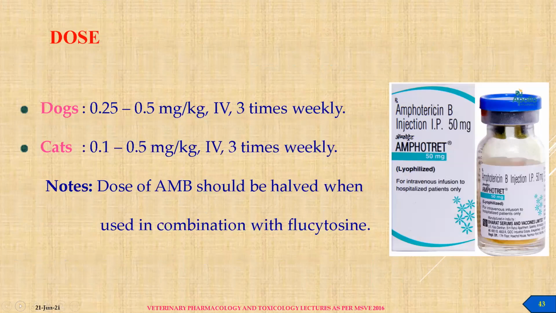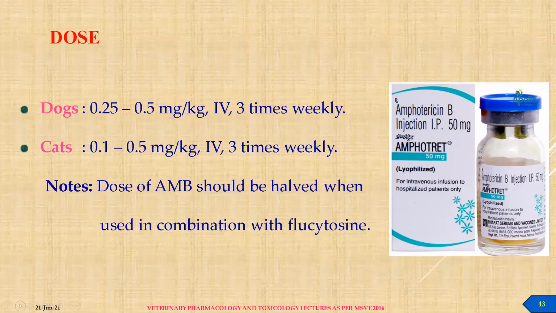Coming to the dose, 0.25 to 0.5 is a general dose. It is available as amphotericin B injection containing 50 milligrams, for IV infusion only.